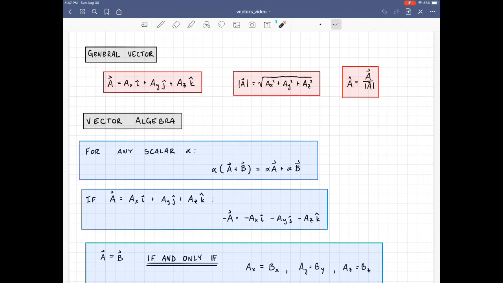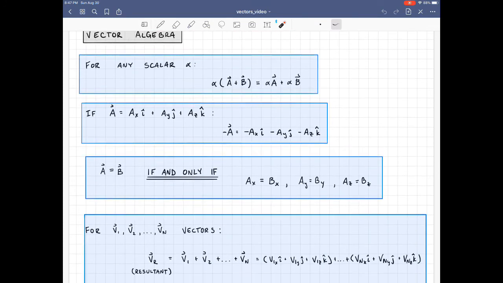So remember that this hat is representing the direction or the unit vector. So this would be the direction of vector A. That is the vector A divided by the magnitude or the length of that vector. All right, so you can see these two things. You just take the ratio.